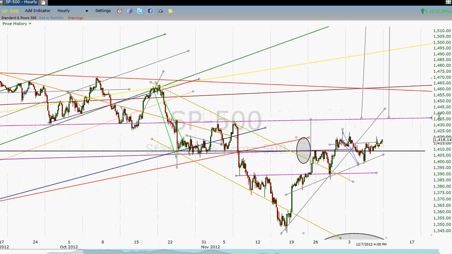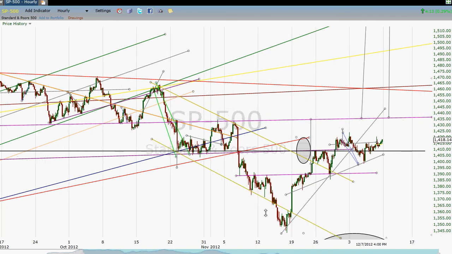And there's also the potential that we may be forming an even larger pattern with 1435, 1436 as an important resistance level that, if broken, could signify some bullish moves upcoming in the S&P.